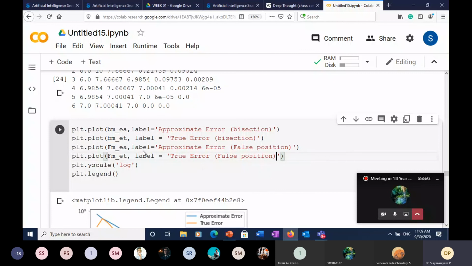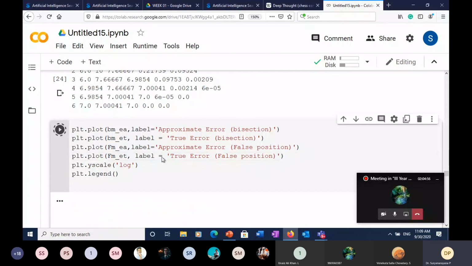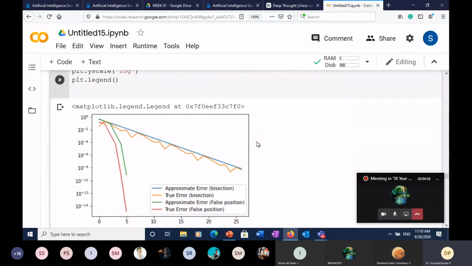Now you can compare how the performance of these two methods is. We're starting with the same initial value and everything. Bisection method took 26 iterations to come to the required accuracy of 10 to the negative 8.